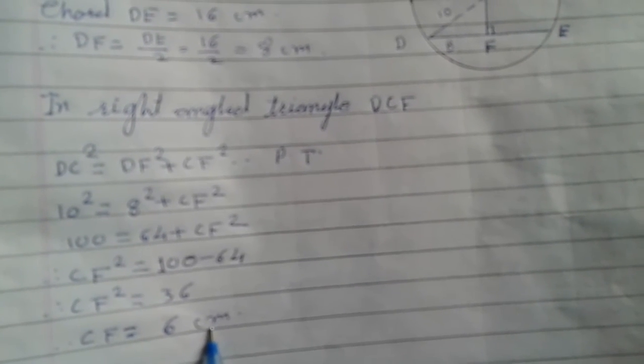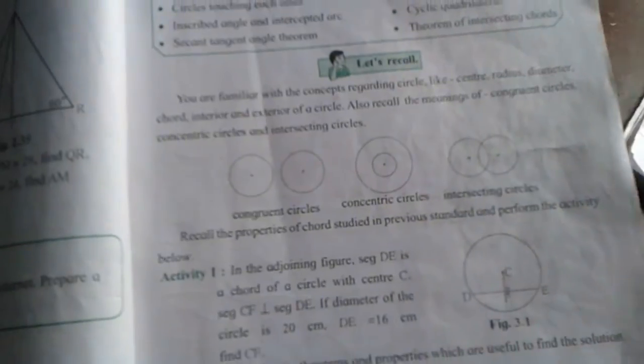Therefore CF square is equal to 36, and taking square root on both sides, here CF is equal to 6 centimeter. And therefore using these properties we can solve this activity. Now we'll see the second activity here, activity 2.